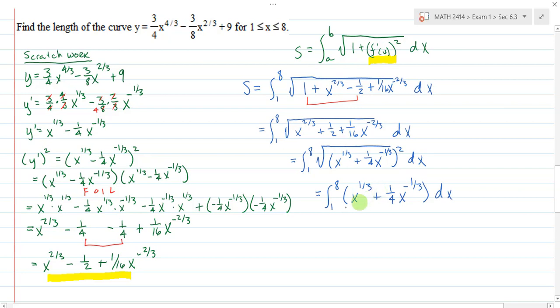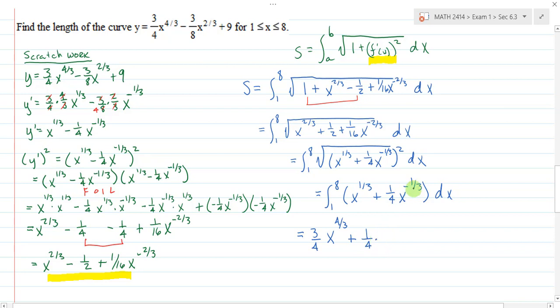And when I integrate this, what am I going to get? First we add 1 to the exponent, so 1/3 plus 3/3 is 4/3. And then we divide by that 4/3. Dividing by a fraction is the same thing as multiplying by the reciprocal. Plus, we add 1 to this exponent, and don't forget the 1/4 was already there.